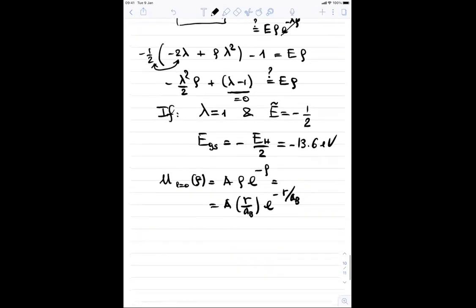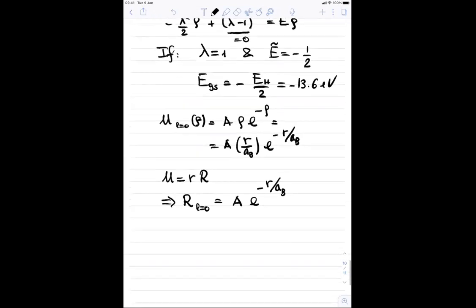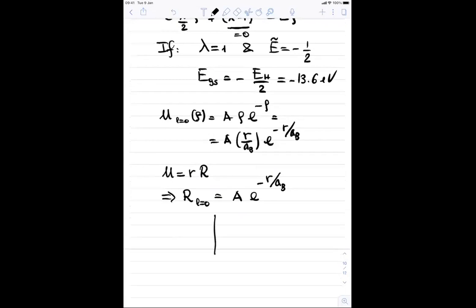And you might say, what is this? This goes to 0. Yes, but remember that U was equal to R times the radial function. So if I write the radial function associated to this L equals 0 state, I find some A times e to the minus R over the Bohr radius. Beautiful. It is a decaying exponential.